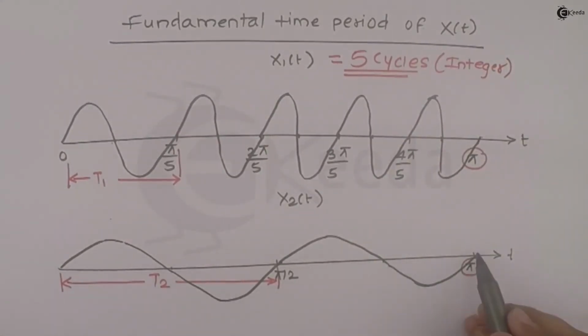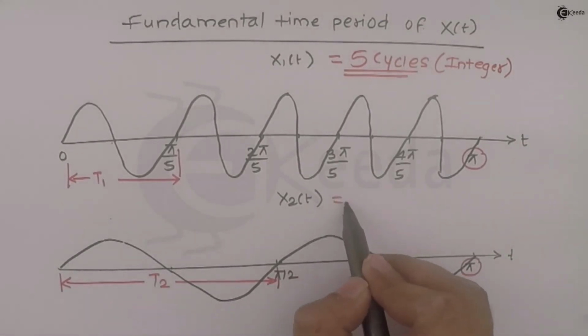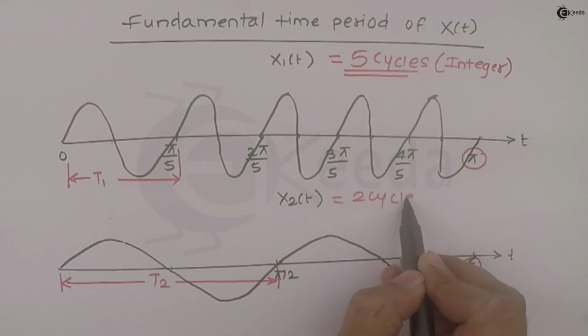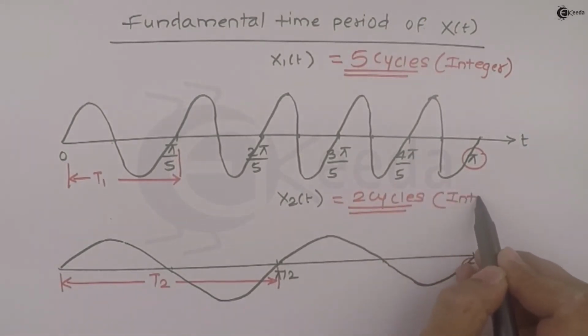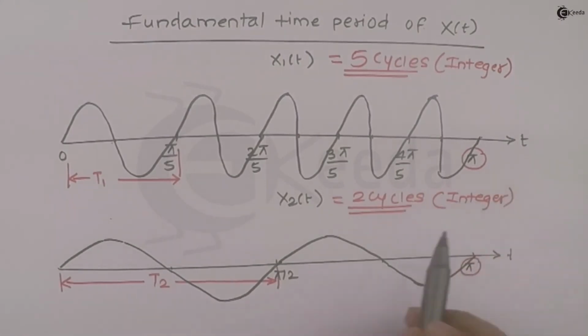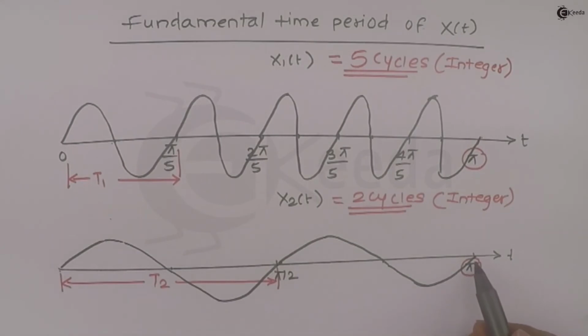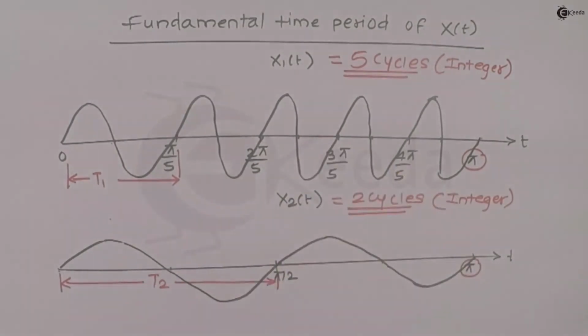During the same time interval, x2(t) will complete 1 and 2 cycles, which is once again an integer. So from 0 to pi, both the waveforms are completing an integer number of cycles. Hence, I can consider x(t) a periodic signal with fundamental time period equal to pi.